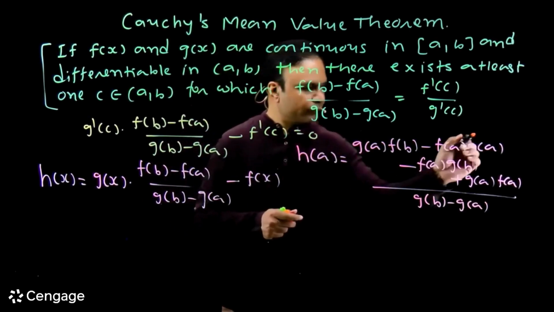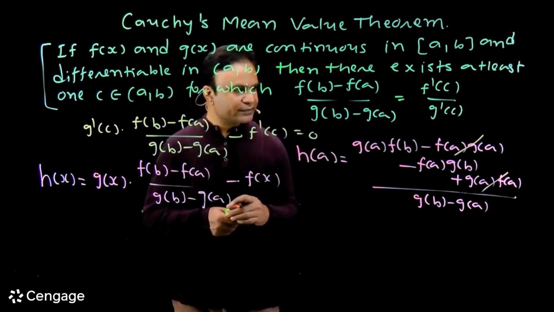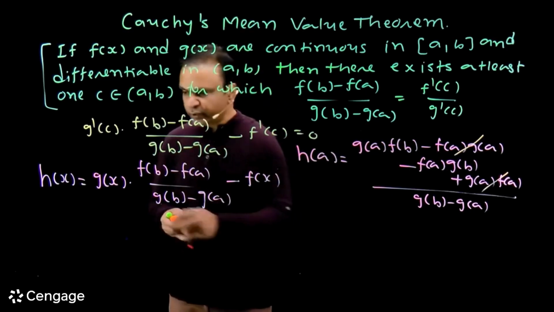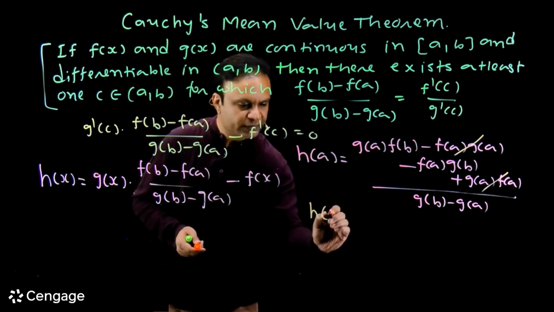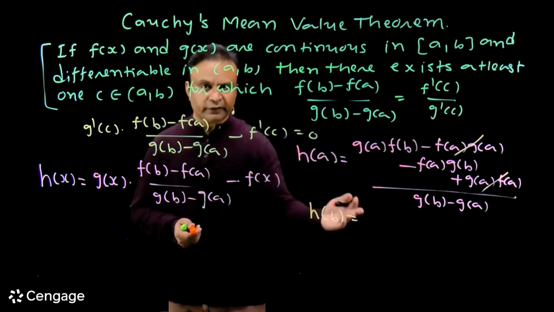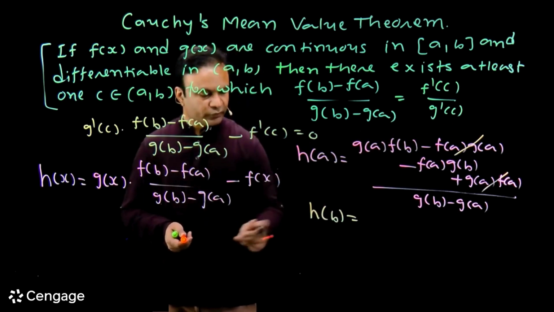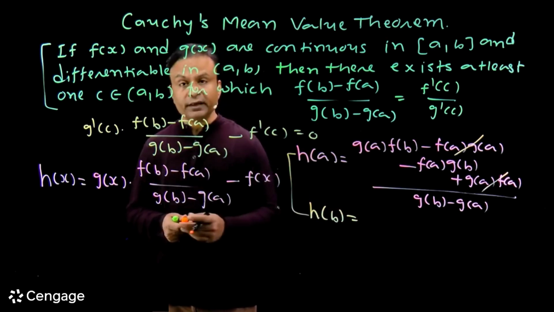Now here f(a) g(a), this term gets cancelled out. So we get h(a) is equal to this. Now if I put here x is equal to b, then I get h(b) is equal to this expression. You can verify by doing on your own. You will get h(b) is equal to this. That means h(a) and h(b) are equal.